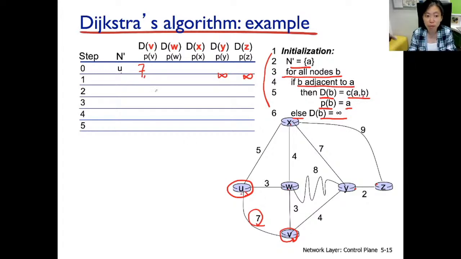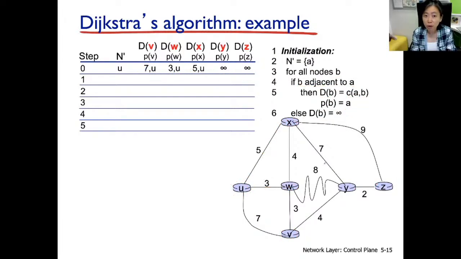Therefore the previous node must be the source, u. For w, link cost being 3, so 3 here, predecessor again u. For x, link cost being 5 and predecessor u. And yeah, 7u, 3u, 5u, infinite, infinite. So we just finished the initialization phase of the Dijkstra algorithm on the example.